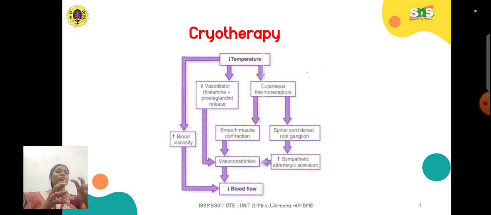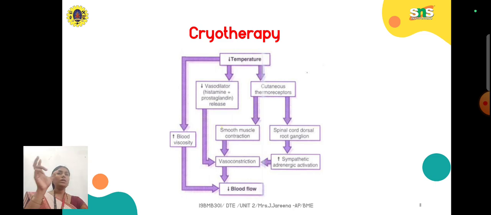Through the sympathetic function, smooth muscle contraction happens, and vascular constriction is initiated. So we reduce vasodilation and increase vasoconstriction. That is the main aim of cryotherapy: cold, to induce vasoconstriction.